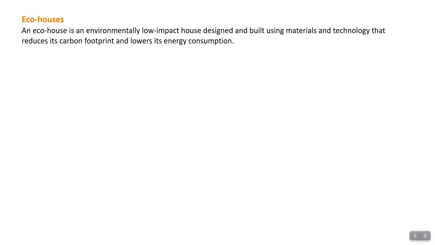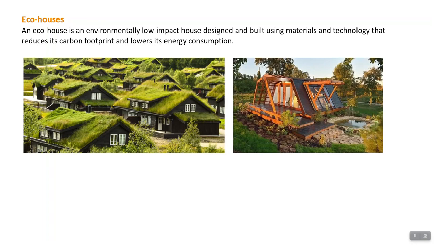The eco houses. An eco house is an environmentally low impact house designed and built using materials and technology that reduce carbon footprint and lower its energy consumption. Here in Mauritius, we have not yet started to construct eco houses, but in other countries, like in England, for example, you can see houses where we grow grass onto the roof to reduce the impact of heat.